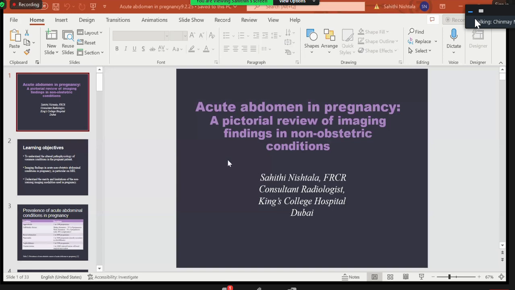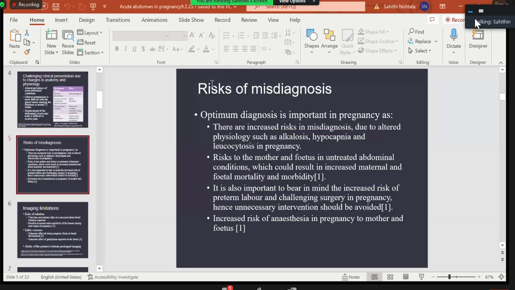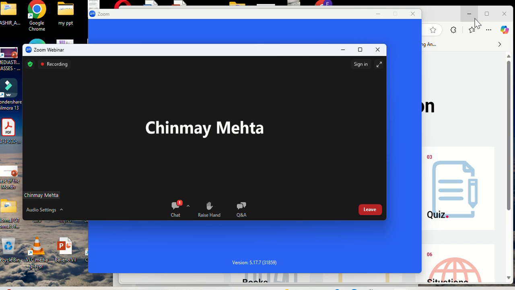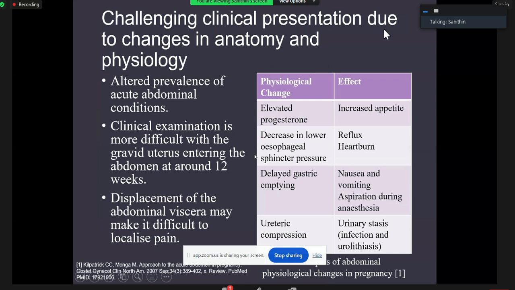Is it a dual screen computer? No, it's not. Okay, can you just scroll to the fourth slide? Yes, one second, I think I'll change. Yeah, now we can. Great. Okay, I'm so sorry about this.